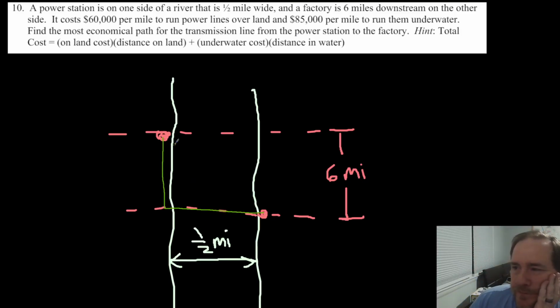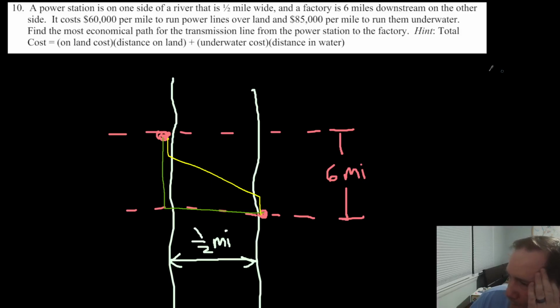And so that intuitively sounds like the best deal, but this path is now overall longer than a path that maybe cuts down a bit and then diagonally comes across and then comes down. Maybe that path is shorter than the green path because it takes at least a bit of a shortcut. So where's the optimal point?